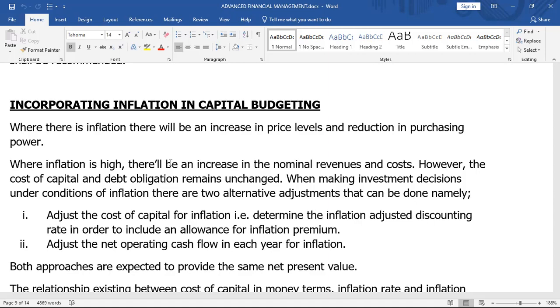And we are saying this can be translated as the decline of the purchasing power over time.